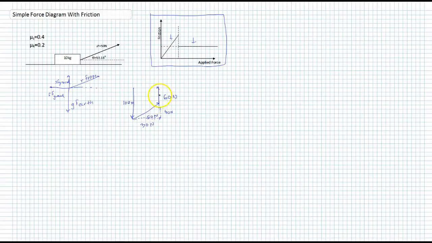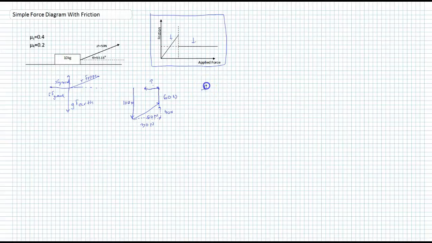This is an important calculation because when we determine the amount of friction, we need to know if we have enough friction to close the gap, basically to balance out the forces. So we need to make a calculation right here. I'm going to put a question mark here because we have to do a test. The first test is to figure out the max amount of friction we have with the supporting force.